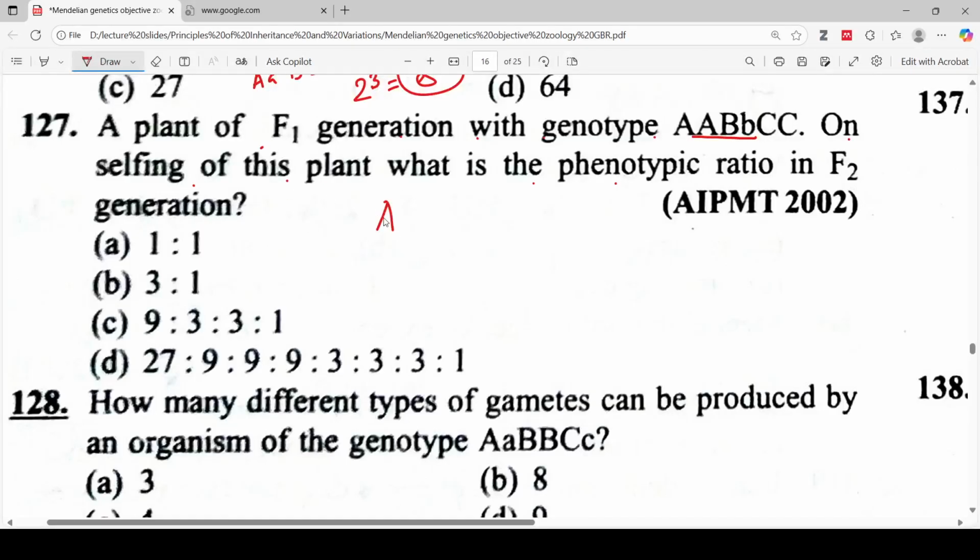If it is selfed, then the correct answer will be option B.